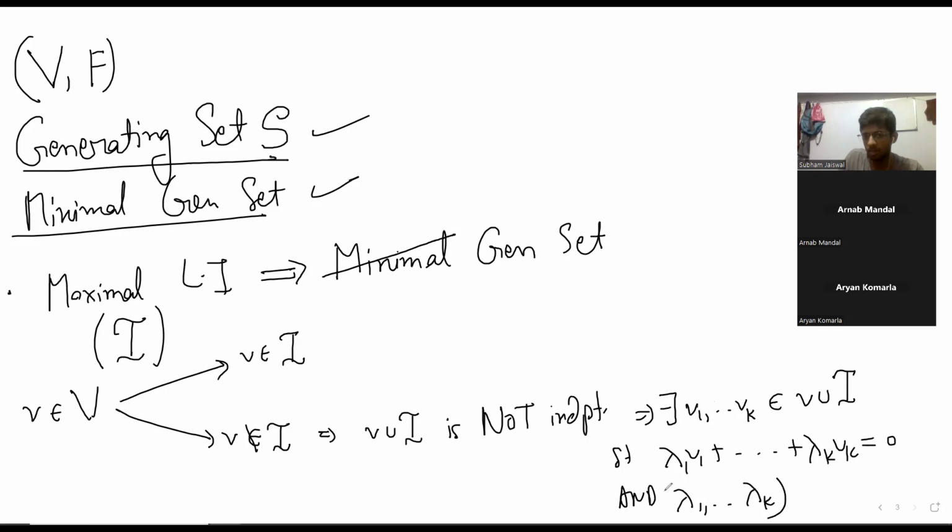Some of these might be 0, but all of them are not 0. So far, I've just written the definition, nothing else. Now I want you to bring V into the picture and show that V is a linear combination of the other things. That is what you want to show here.